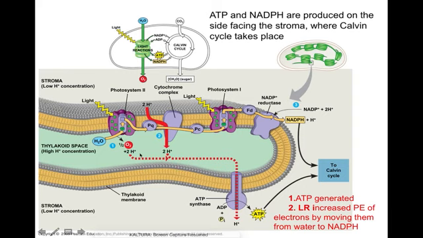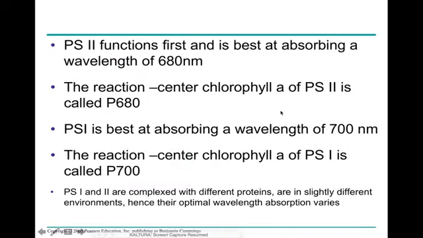Guys, the electrons are going from photosystem 2 to electron transport chain 1 to photosystem 1, then to electron transport chain 2. So photosystem 2, electron transport chain 1, photosystem 1, and electron transport chain 2. That is the path. Just remember that.